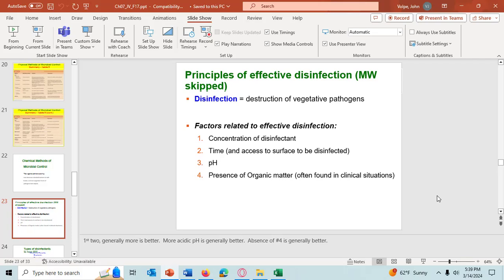Although for many agents, the more alkaline, it'll also kill more cells, but not all are that way. And then obviously the worst would be neutral pH. And then the presence of organic matter can affect the disinfection. Generally, if organic matter is around, the less disinfection there will be. Any question about any of that?